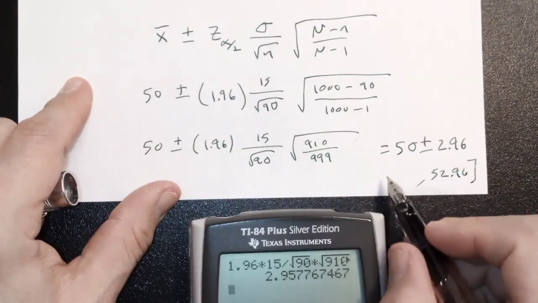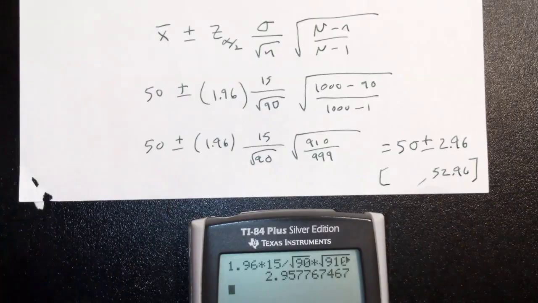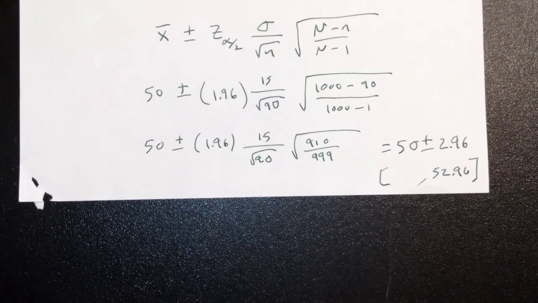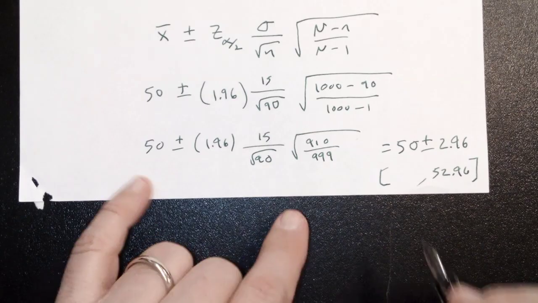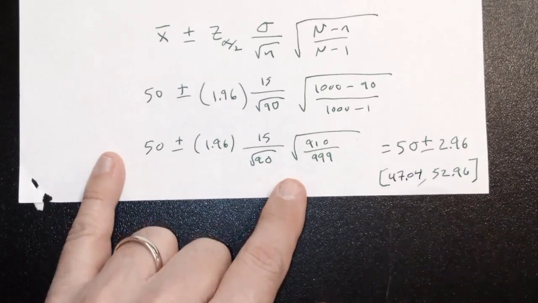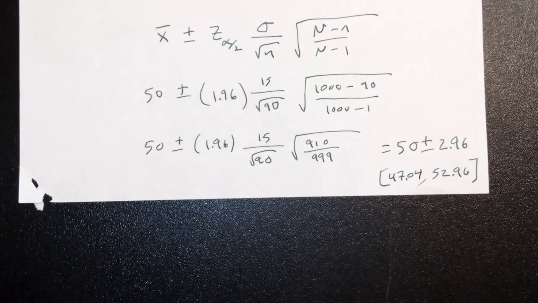That's my upper bound. What's my lower bound? Well, given where I rounded, I would write 0.4, but if you kept more decimals, you might end up at 0.3.